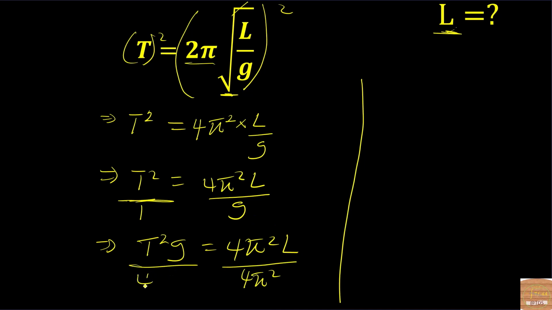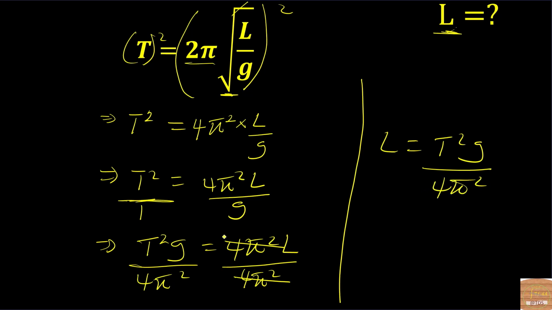Now this one will cancel. So my L here will be T squared G over 4 pi squared. Alright, so T squared G over 4 pi squared is the answer. So that is L.